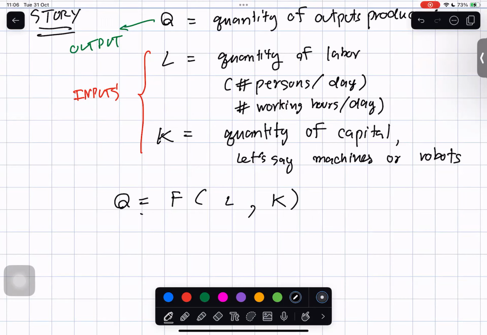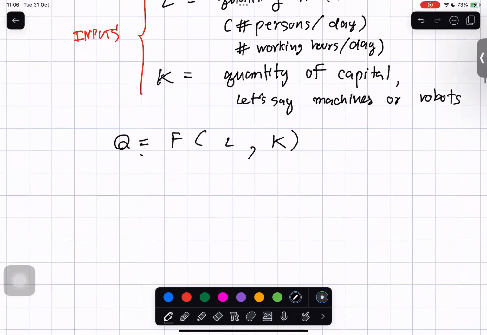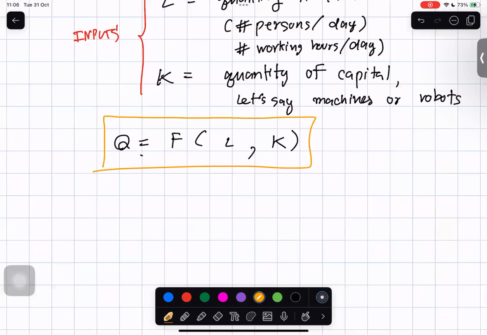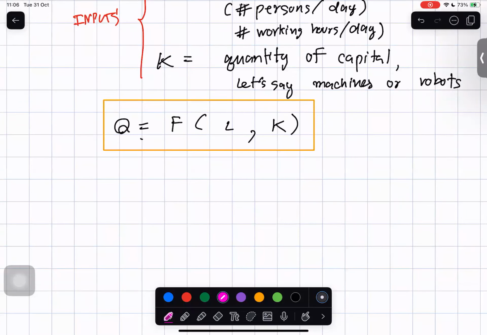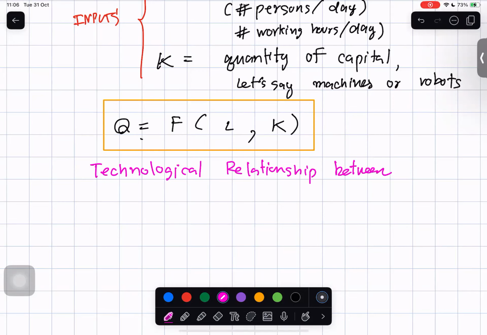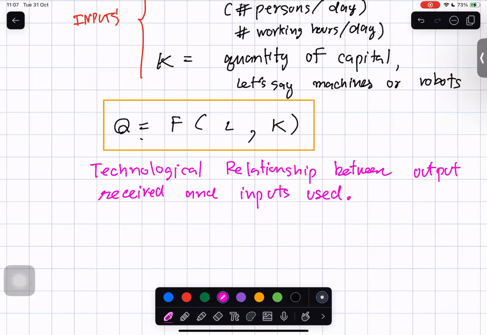Q depends on L and K. So it summarizes the technological relationship between the output that we receive as production manager, and the inputs that we use, L and K together.